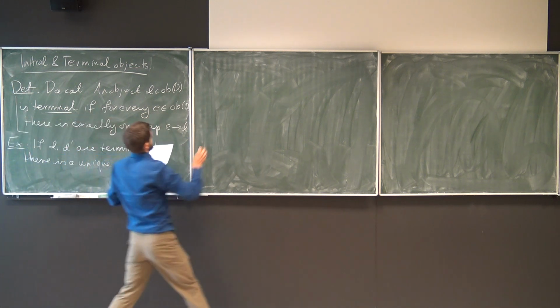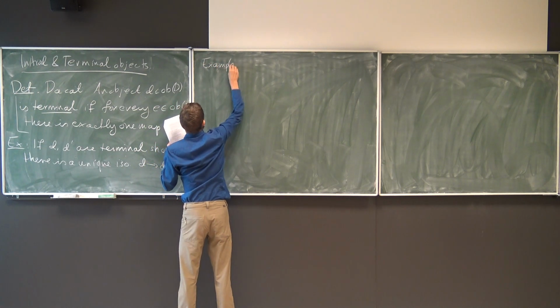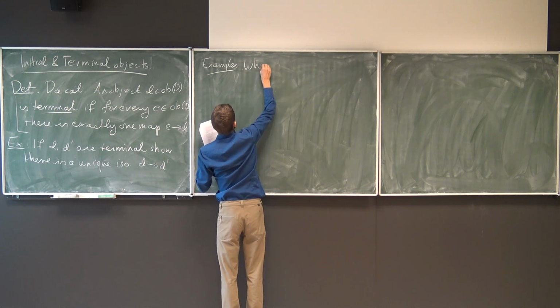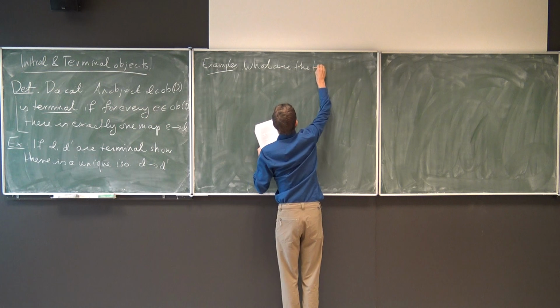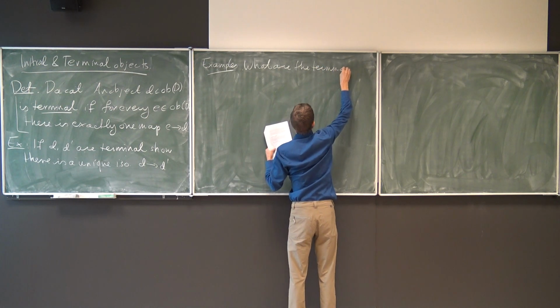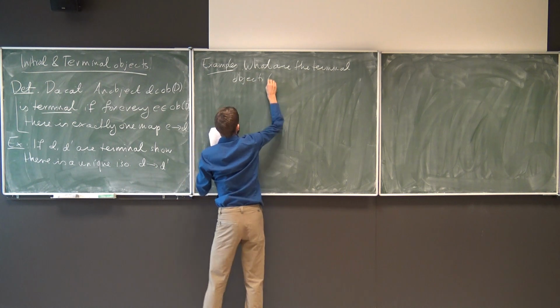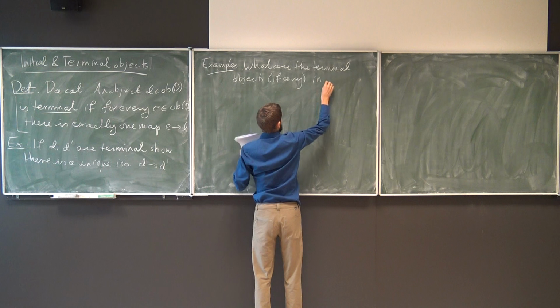More interesting is to look at some examples. What are the terminal objects, if any, in each of the following categories?